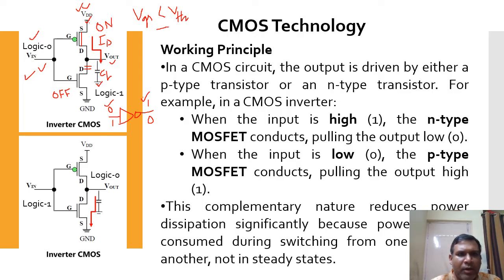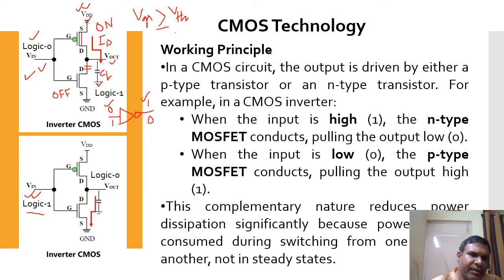Now a similar operation will happen, but in a reverse way. If we apply a high logic at the input terminal of the same CMOS circuit, meaning the gate-to-source voltage is greater than the threshold voltage, meaning we apply a high positive voltage, then what will happen?